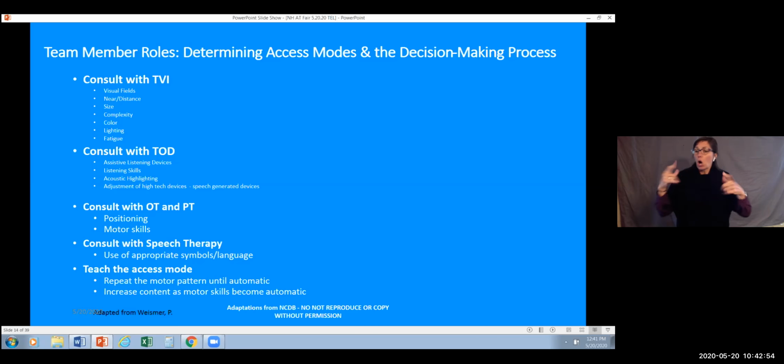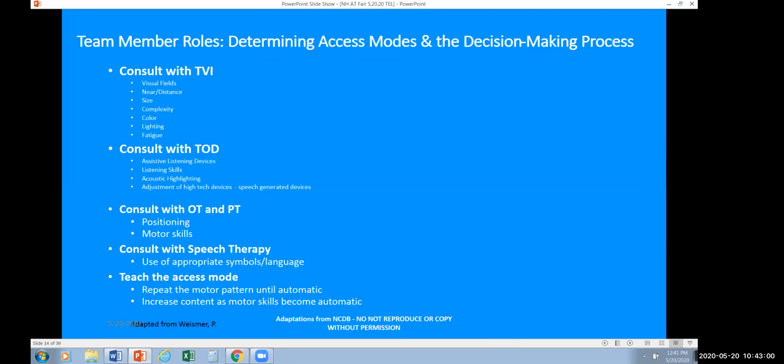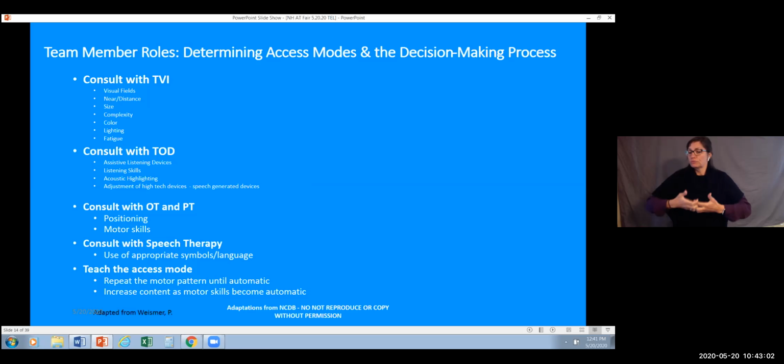Obviously, your teacher of the deaf would provide information on, say, speech-generated devices, strategies such as acoustic highlighting or listening skills as it relates to any speech-generated devices. Certainly your OTs and your PTs as far as where you can position the device so the student has best access and it minimizes the motor demands in terms of the actual use.